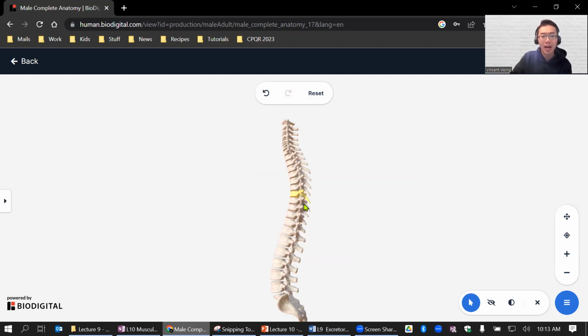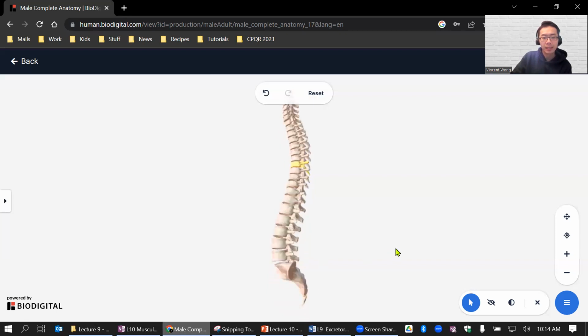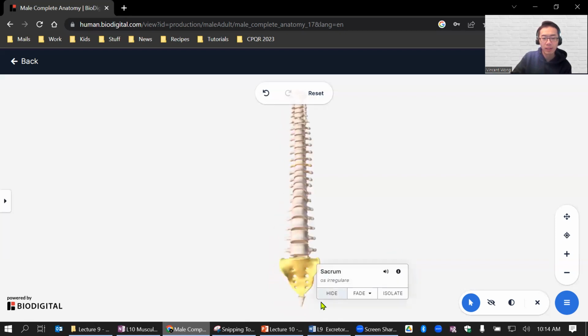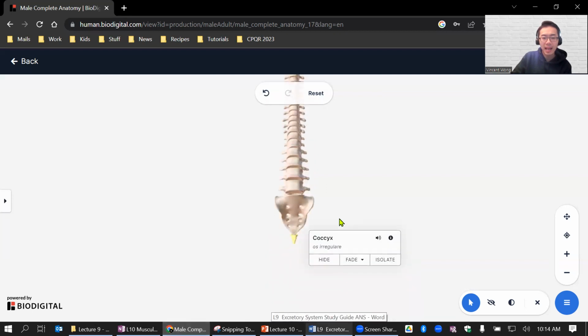That would be the thoracic vertebrae, and we have the lumbar one, the one at the lower back, 5 of them. And then we have this weird looking thing called a sacrum. And then we have some tiny tail bones called the coccyx bone.